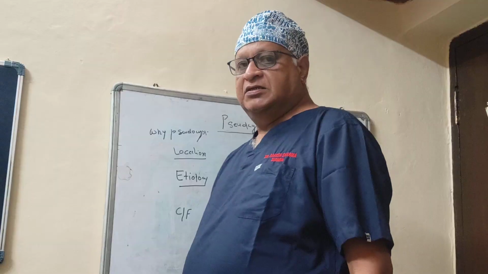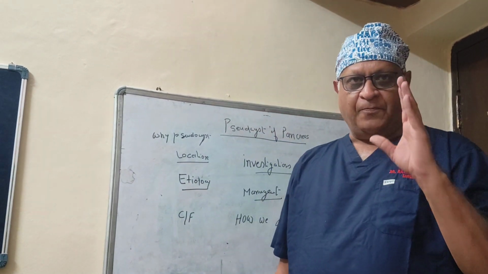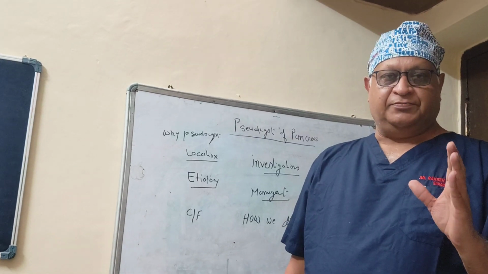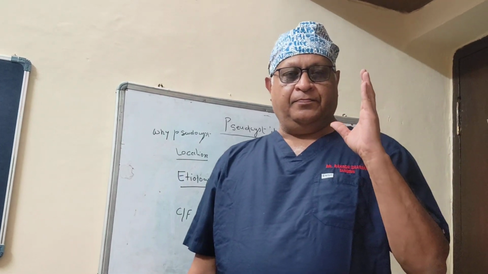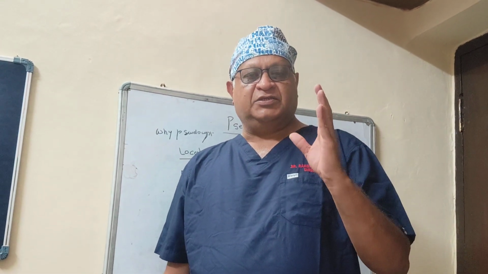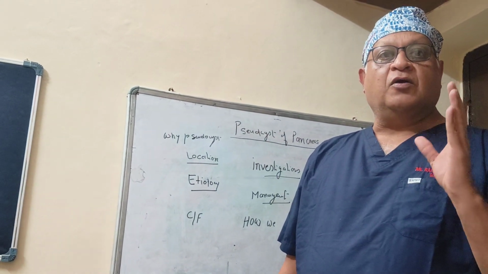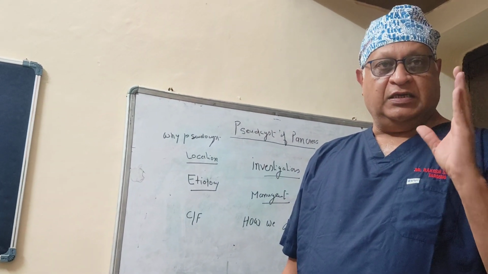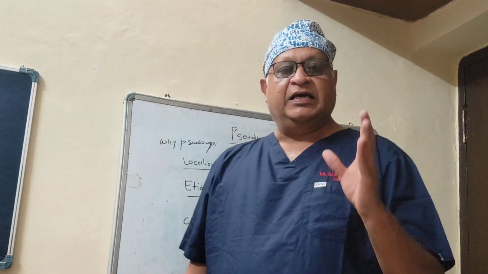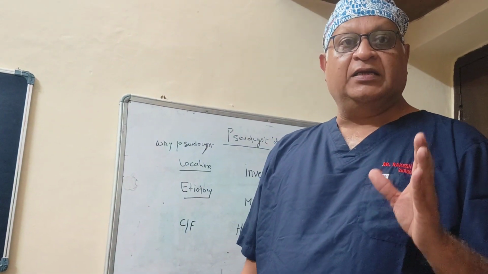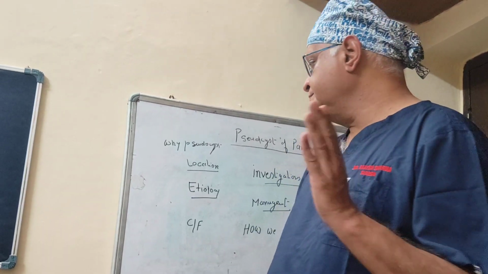Other clinical features: if the pseudocyst of pancreas compresses the extrahepatic biliary system, CBD, right hepatic duct, there are chances of obstructive jaundice, like pale yellow skin and yellow sclera, loss of appetite, nausea and vomiting off and on.